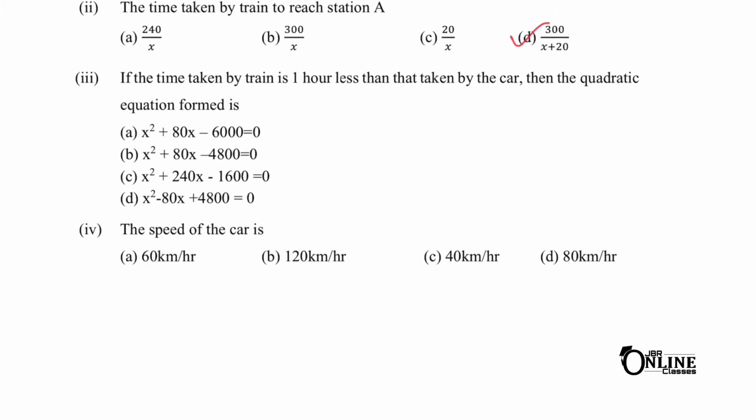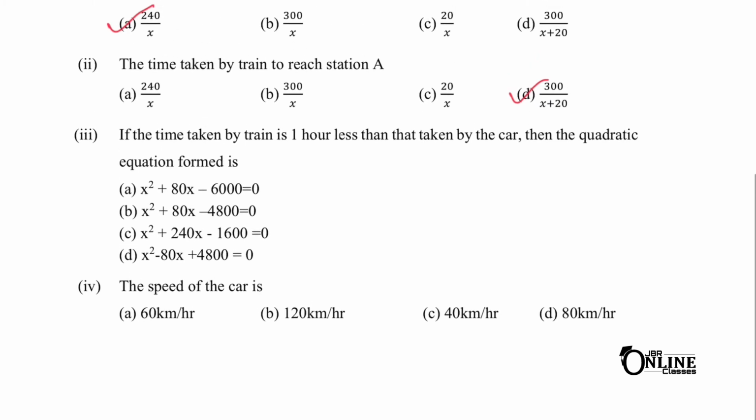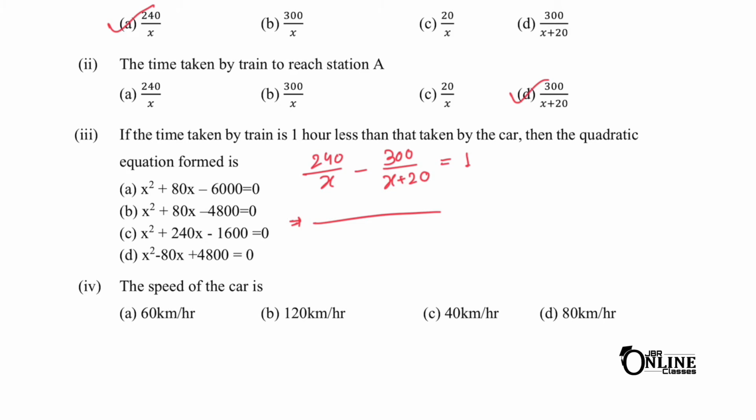Now sum number 3. If the time taken by train is 1 hour less than that taken by the car, so the time taken by the car is 240 by x, and the train 300 by x plus 20. Whenever you subtract this one you will get 1. Now the LCM is x into x plus 20.